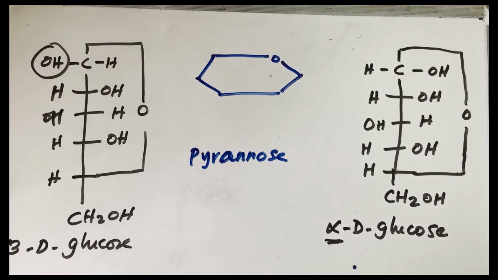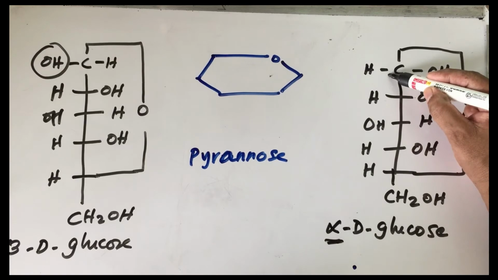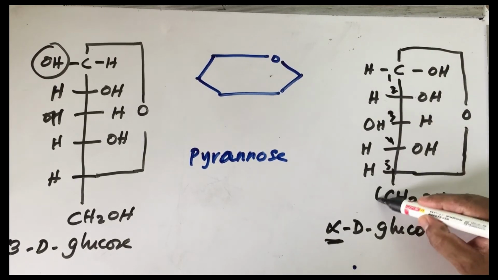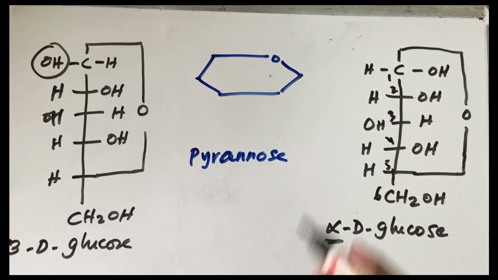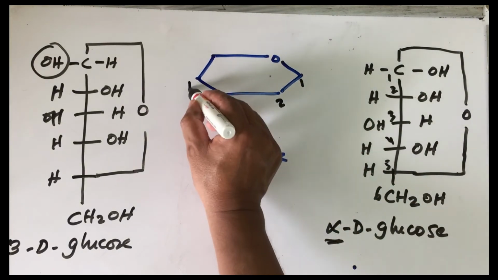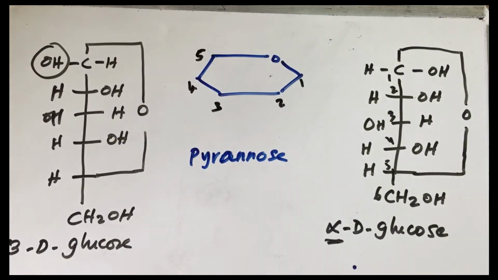First of all, let us number the carbon atoms. This is going to be 1, 2, 3, 4, 5 and 6. Let us call this number 1, number 2, number 3, number 4, number 5. Remember, in the case of carbohydrate, we write this number outside the ring.